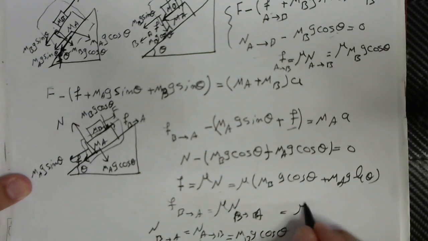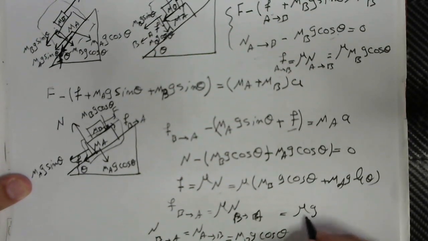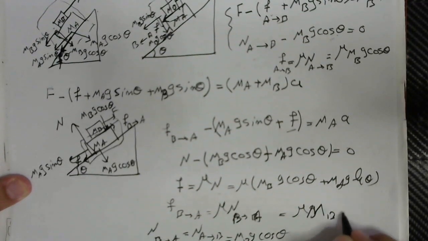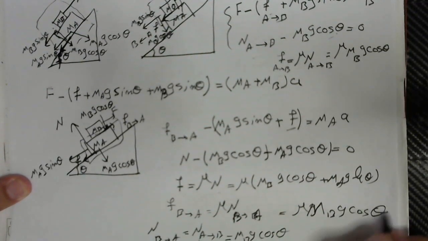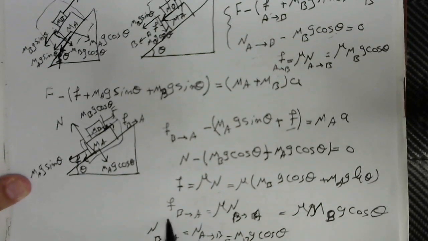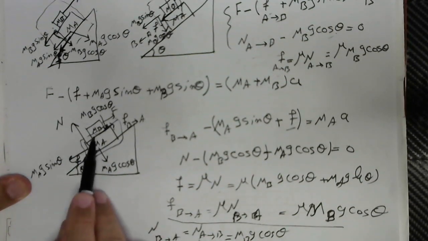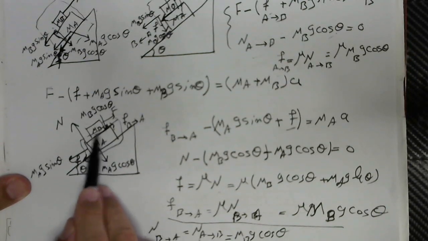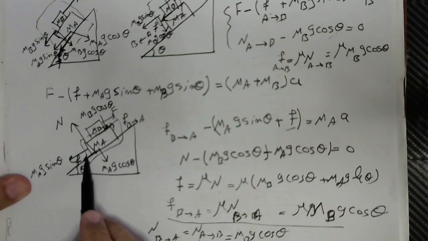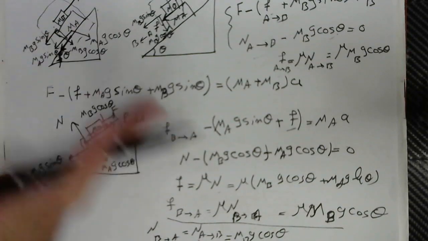So this becomes mu MBG cosine theta. That is the frictional force between the objects, and this is the frictional force considering both objects on top of each other.